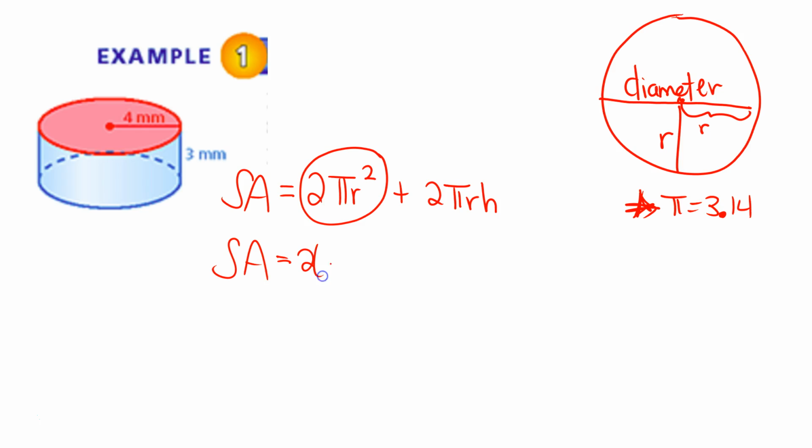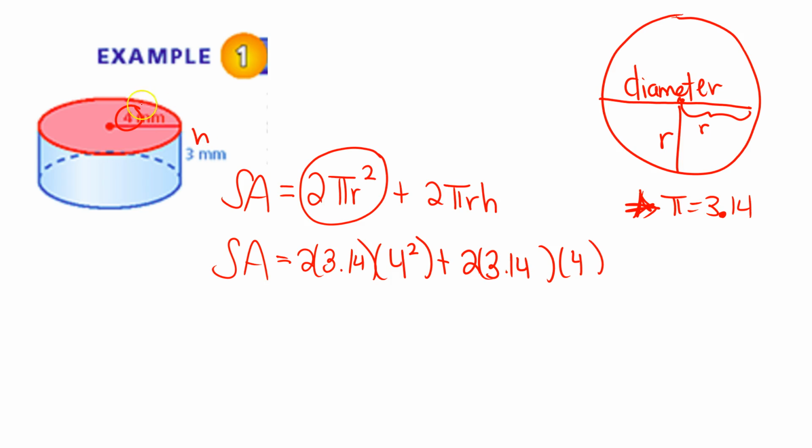So put 2 times 3.14 times r, which in this case is 4 squared, plus 2, and then instead of pi, I'm going to put 3.14, and then the radius, it's the same radius, 4, and then the height, this would be h, this would be r, is 3.